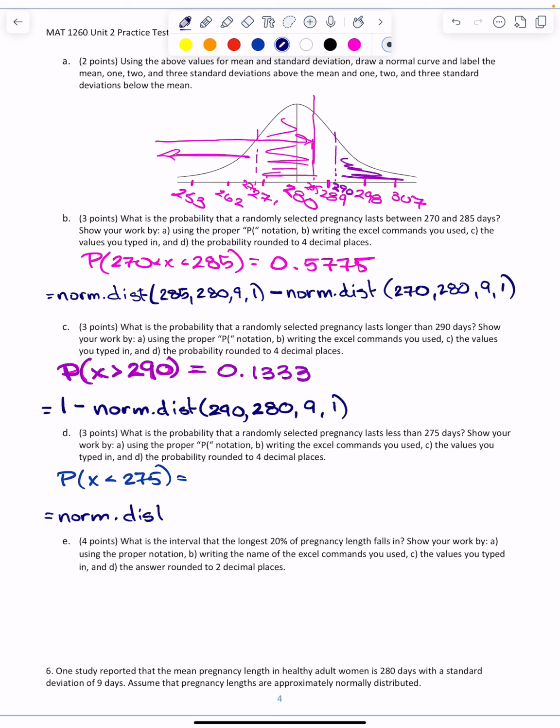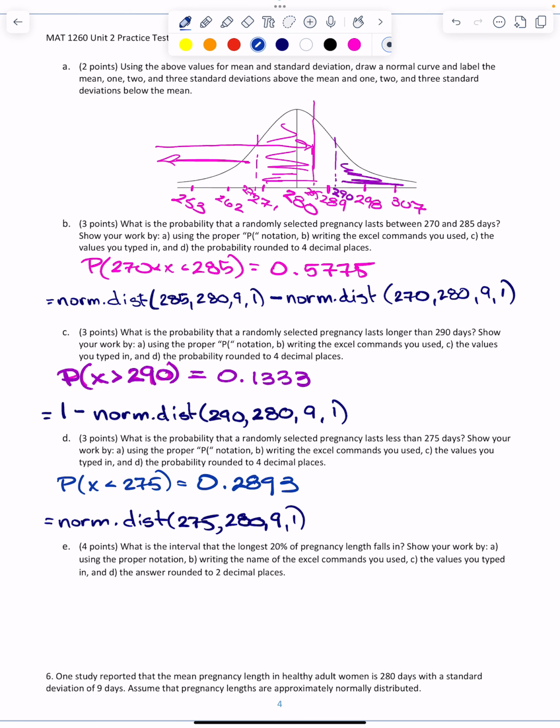This is exactly what this command gives us. I got 275. My mean is still 280. My standard deviation is 9, and 1. So when we do this, I get 0.2893.